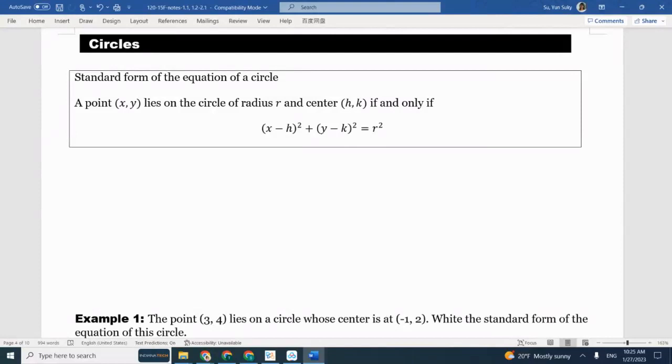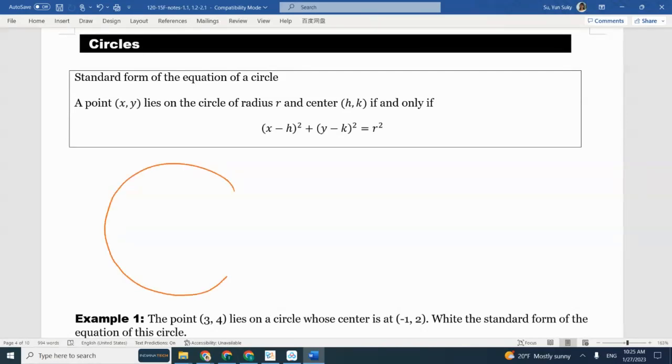On Wednesday, I named the center A, B, but here just H and K. Same idea, just different letters for the names. So we have x minus the x-coordinate of the center, squared, plus y minus the y-coordinate of the center, squared, equals r squared. And how do we get that? The distance between the points on the circle and the center is the radius. Then you square both sides, and you get this equation of a circle, right?